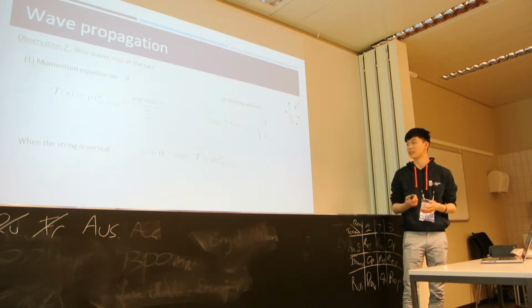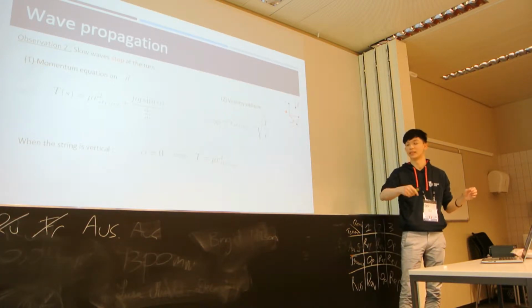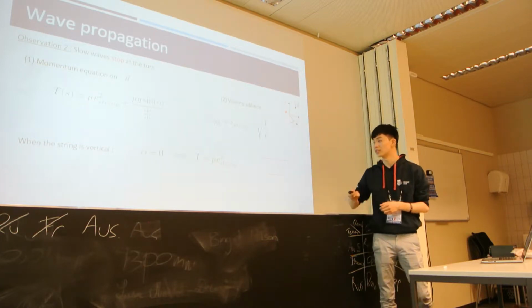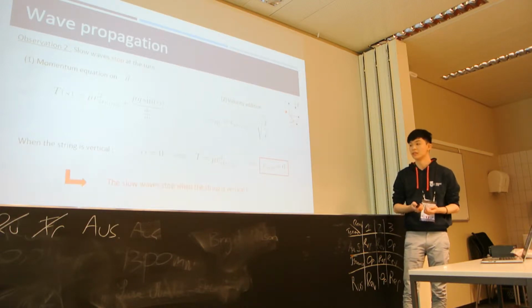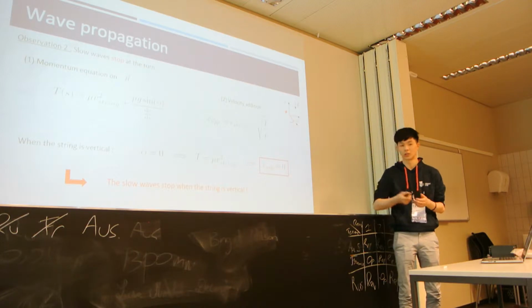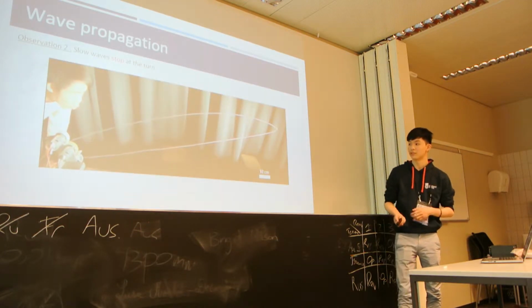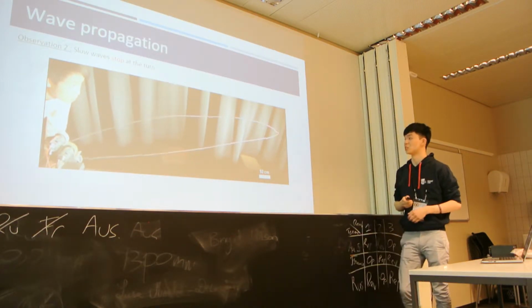So recall the velocity addition, approximating the velocity as the same expression for a string. Then you get that the apparent velocity vanishes at phi equals 0, when the string is vertical. So this shows that the slow waves indeed stop when they reach the turn. You can see on this video, if you blow, the velocity of the wave goes to 0 when it reaches the tip.